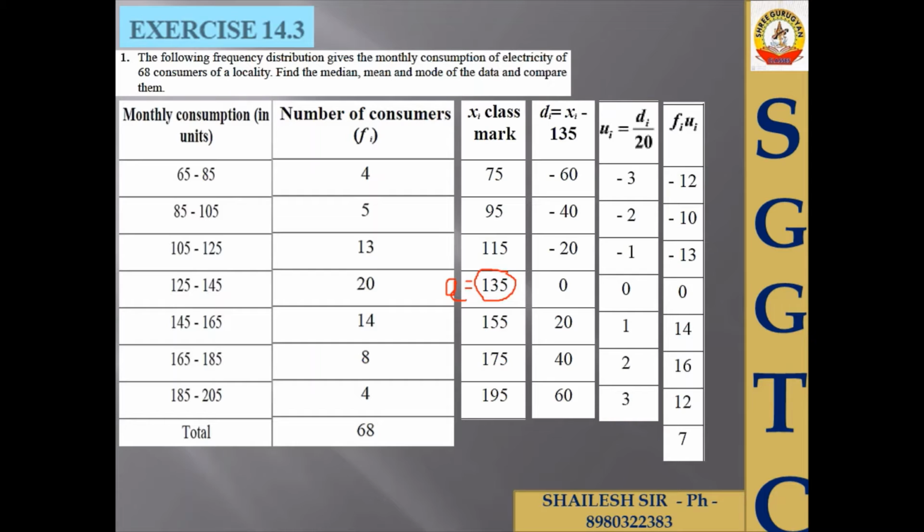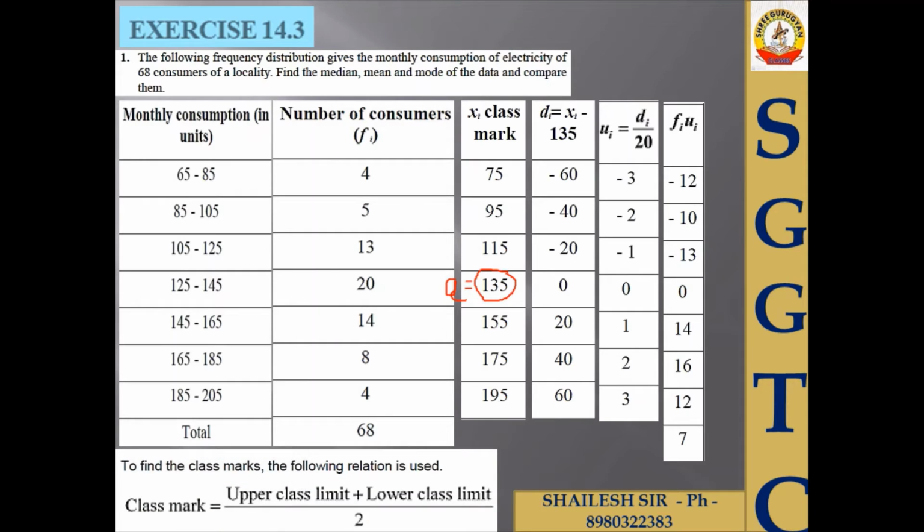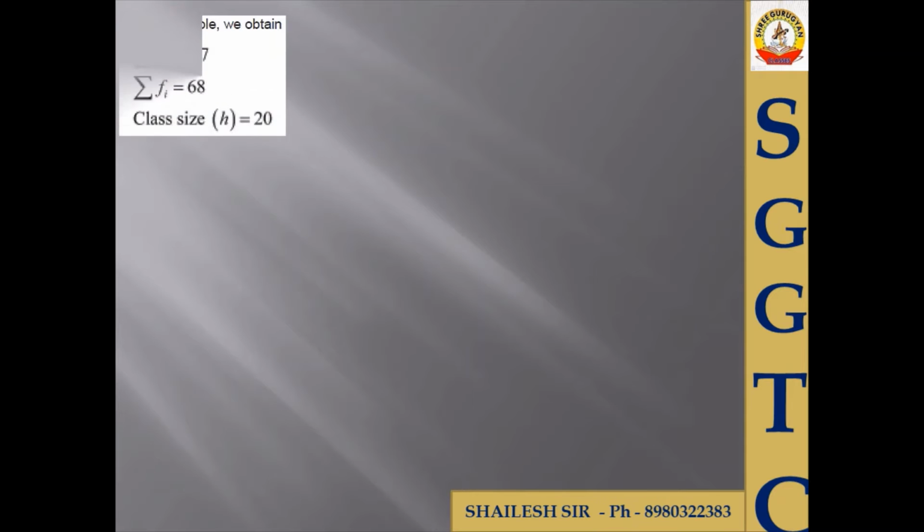Next, ui is di by 20, because 20 is my class interval, and in the last column of the table we take fi into ui. Make the products: 4 into minus 3, minus 12; 5 into minus 2, minus 10; 13 into minus 1, minus 13; and the same going ahead, last 4 into 3. Final formula: sigma fi ui is 7 from the above table, sigma fi is 68, and class size h is equal to 20.